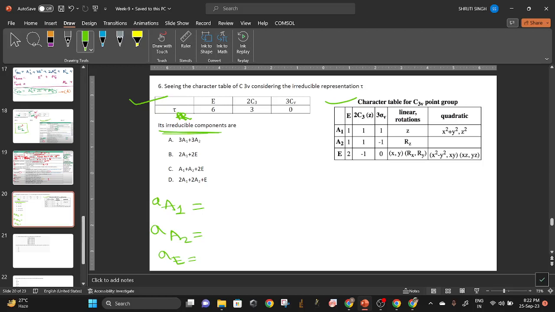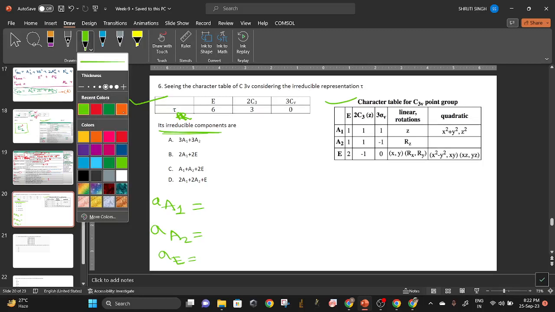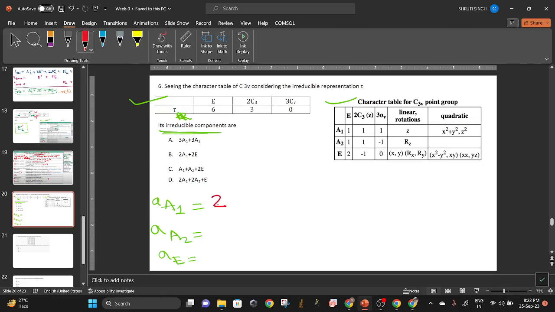So A1 is equal to 2. Very good. A of A1 equals 2.